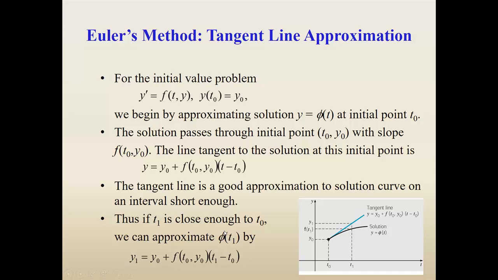Pick a certain t1 value that I'm going to travel to from here. So I'm going to approximate a new y1 after one step. This is my approximation of this point. At t equal to t1, I'm estimating that my solution is right here.